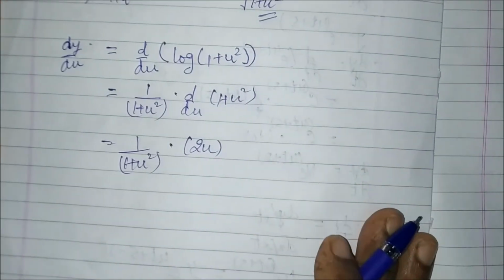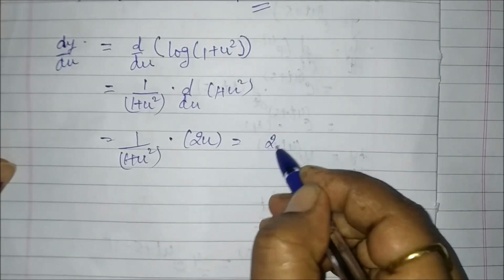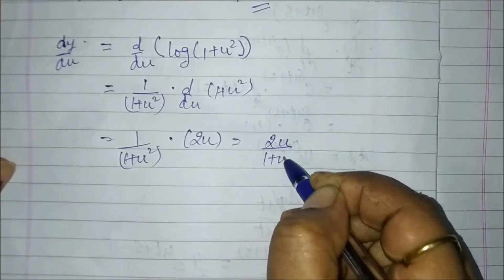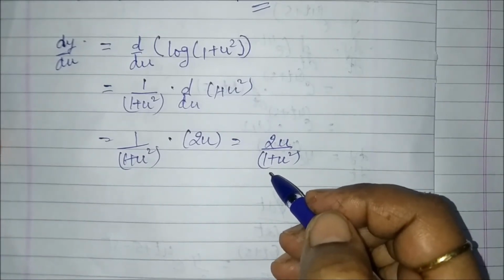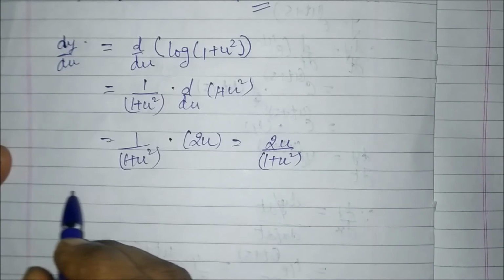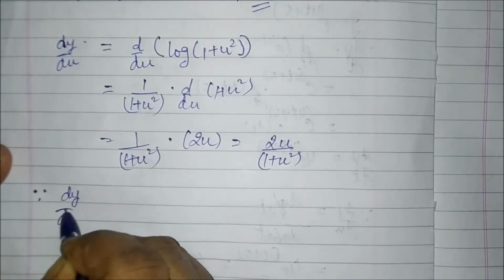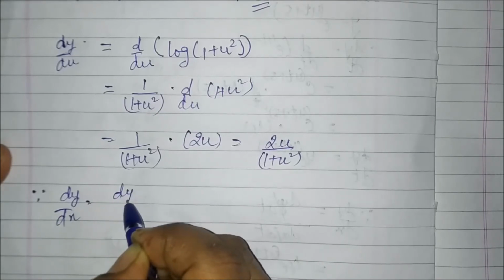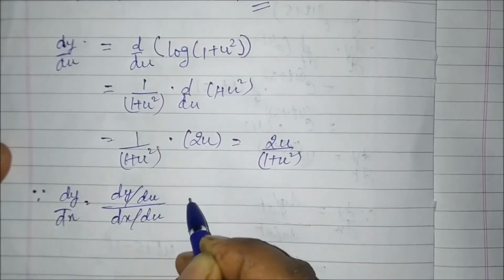So we get 2u upon 1 plus u square. Clear?